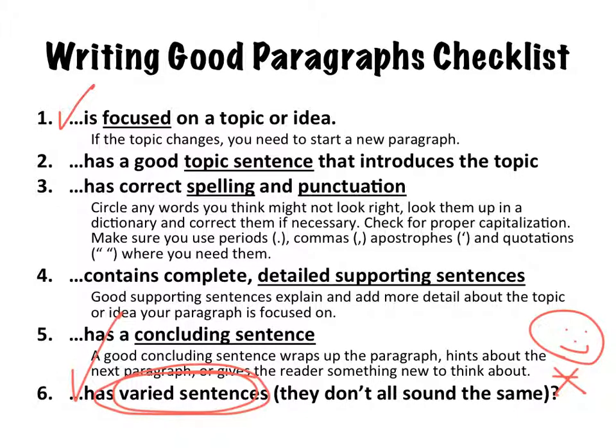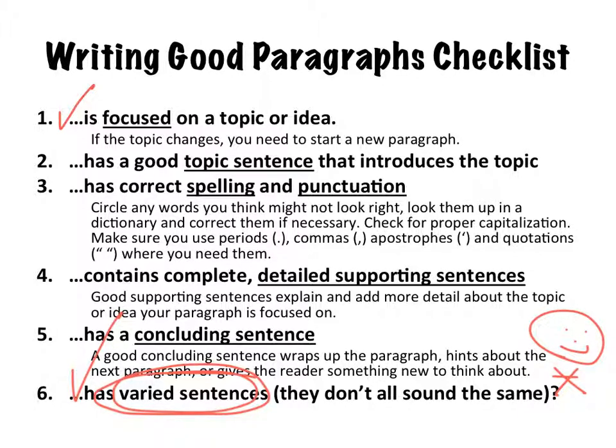All right, number 2, a good paragraph always has a good topic sentence that introduces the topic. So if I'm writing a paragraph about how to mix pancake batter, my first sentence might be, "Mixing pancake batter is not difficult." Or, "Mixing pancake batter requires that we find our main ingredients and put them together."